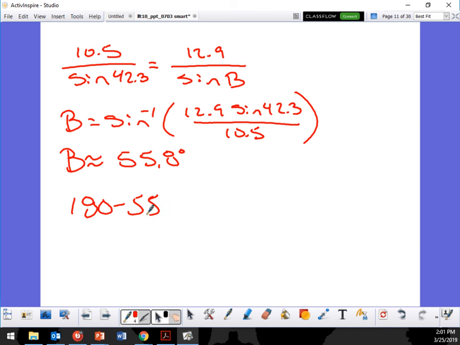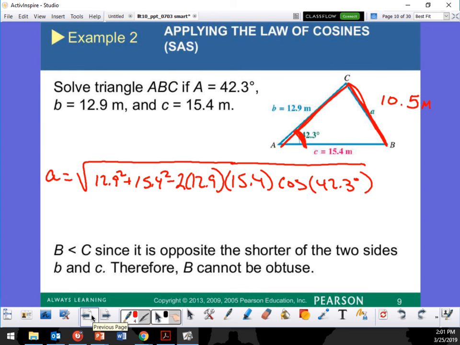So it's going to be 180 minus 55.8 degrees, which gives me 124.2. Why can it not be 124.2?